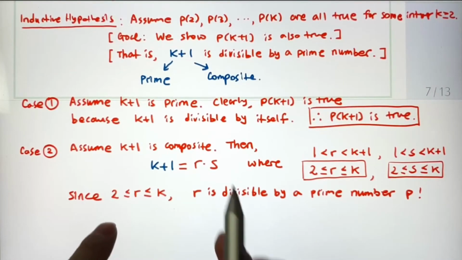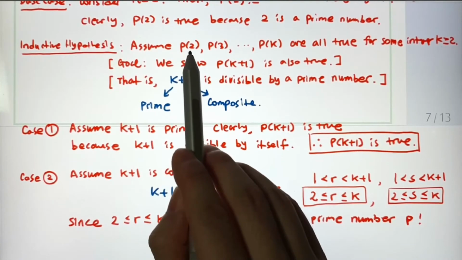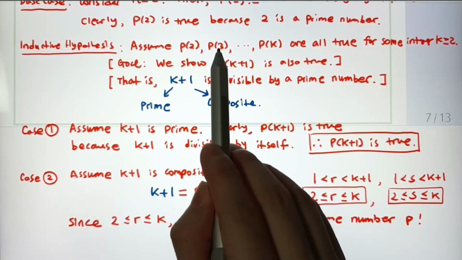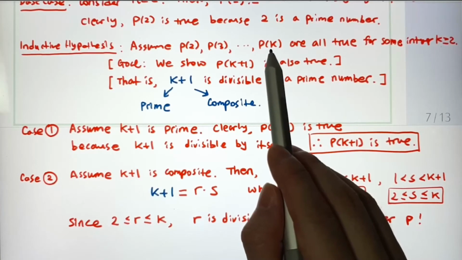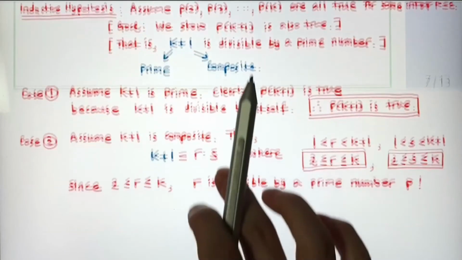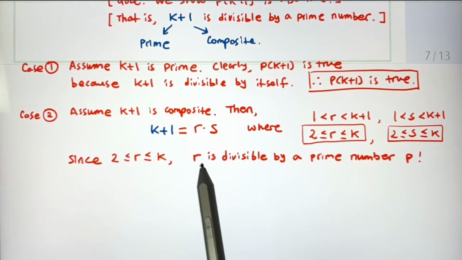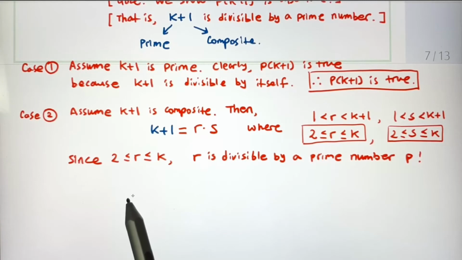Because for any integer in between 2 and k, we're assuming 2 is divisible by a prime number, 3 is divisible by a prime number, up to k is divisible by a prime number. And since r is in between 2 and k, we're 100% sure that r is divisible by a prime number, let's say p, by the inductive hypothesis. Write this down.